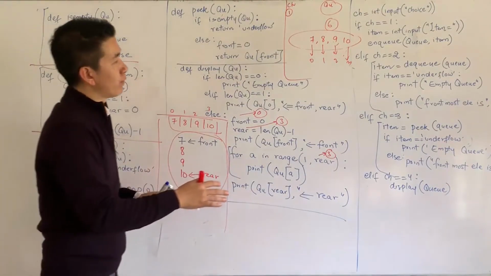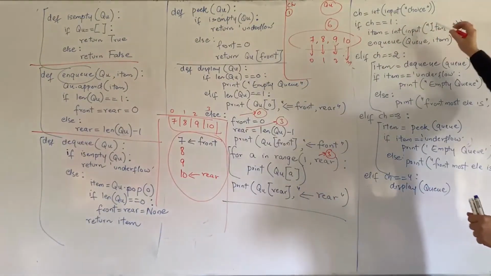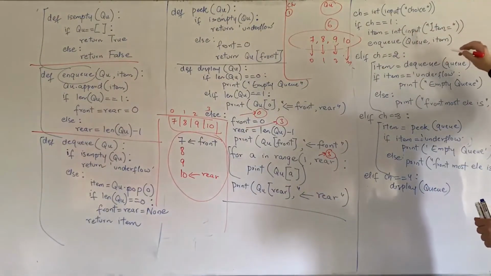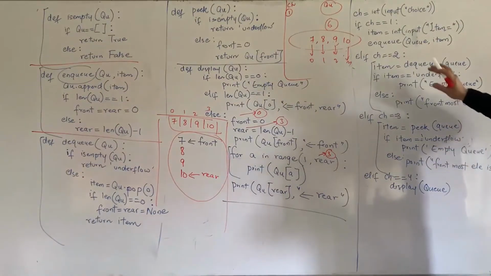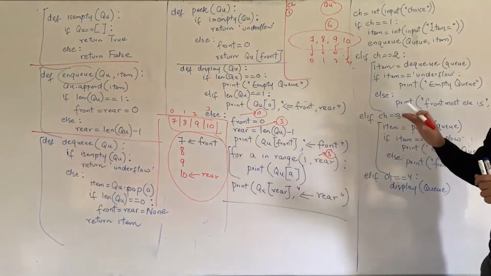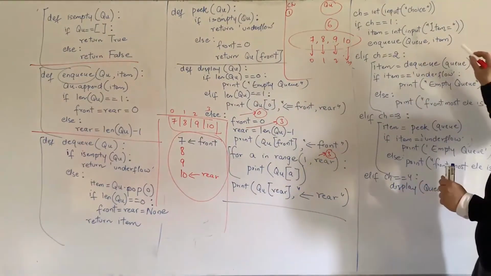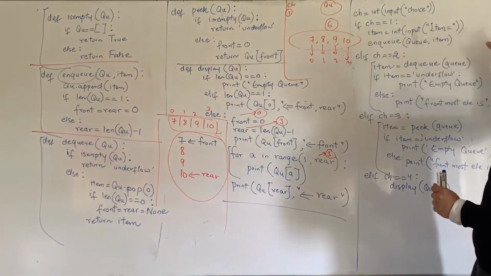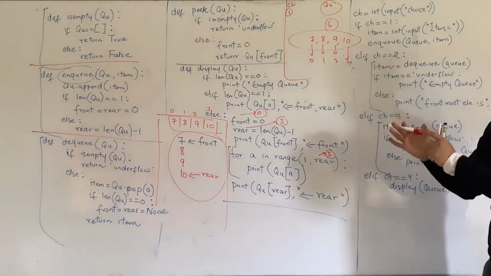So regardless of the choices that you make, accordingly you perform the NQ, DQ, display. The status will keep on changing. Generally, it should be like this. You perform NQ, say number 1, and then enter the value of item, and then check the status of the queue.